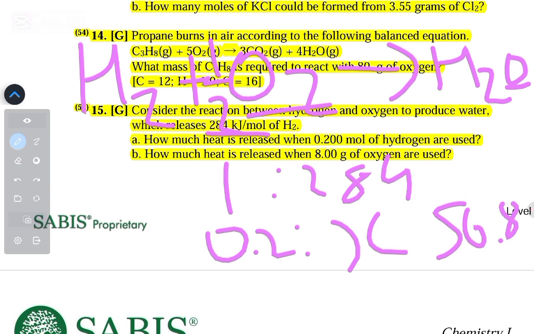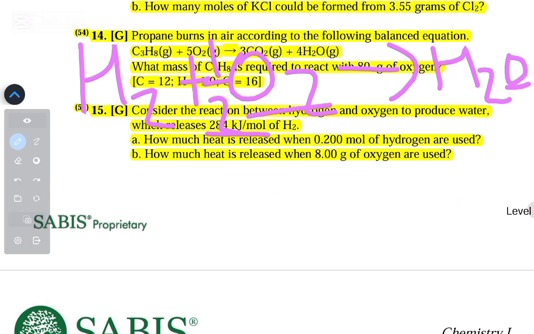Okay, how much heat is released when 8 grams of oxygen are used? So hydrogen, which is 1, and oxygen, which is 0.5, half.